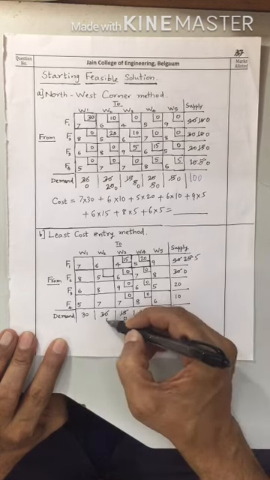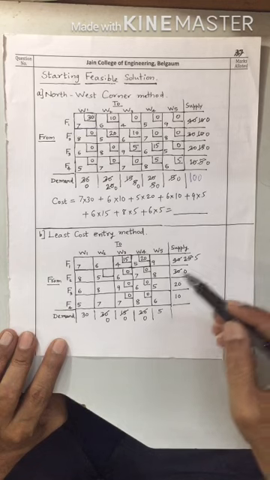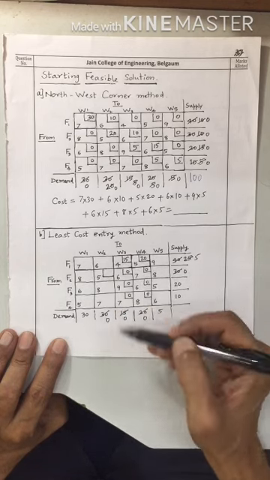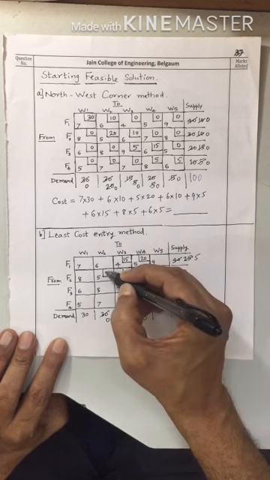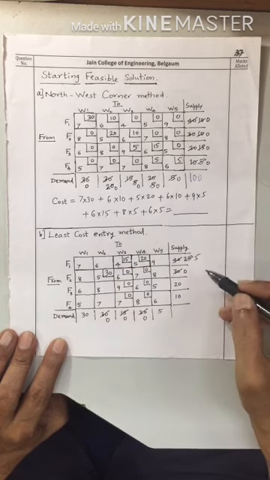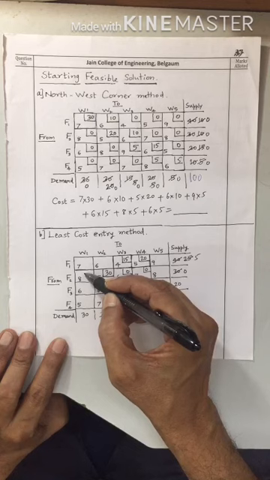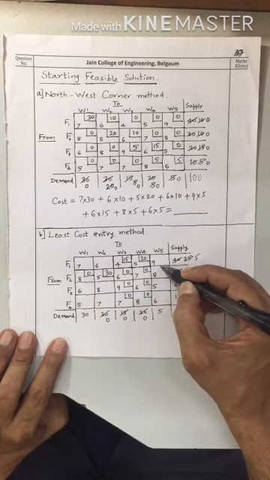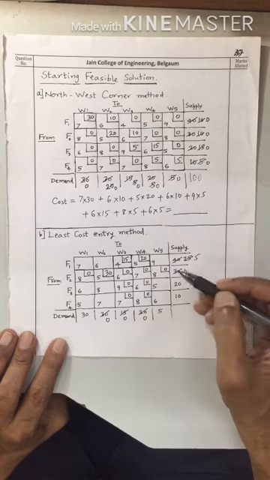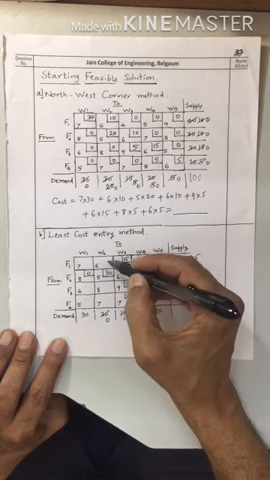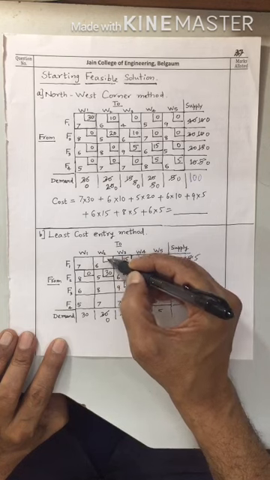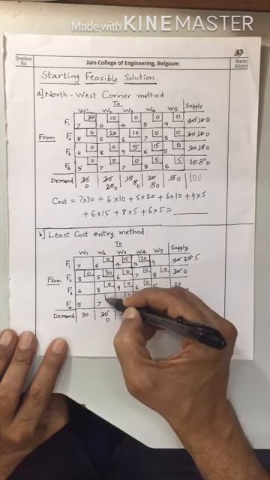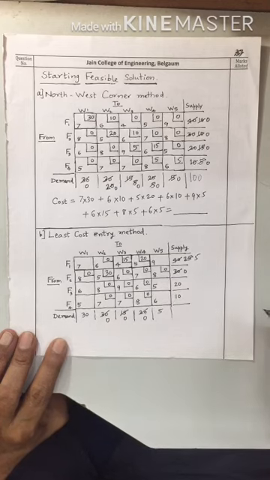We have observed that the supply capability of F2 is over and the demand of W2 is also over simultaneously. Please remember. Therefore, F2 cannot supply anything to W1 or to W5, so these are zeros. And simultaneously the demand of W2 is also met completely, so this is 0, this also is 0, this also is 0.